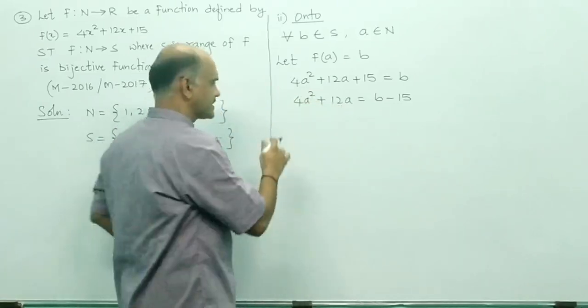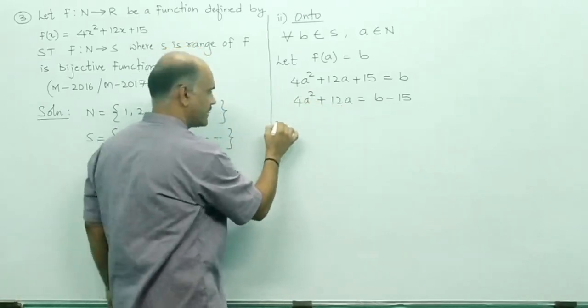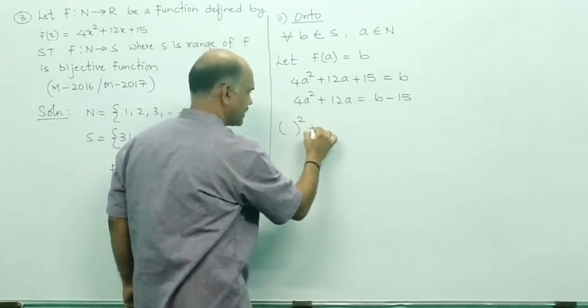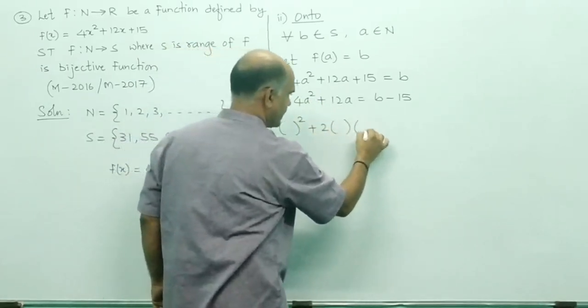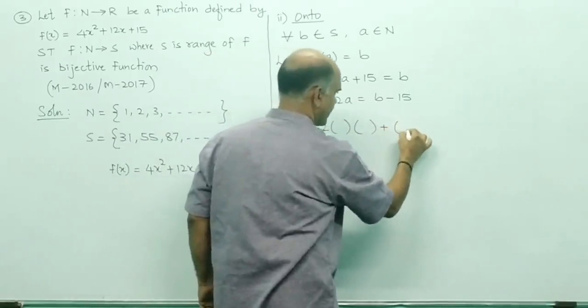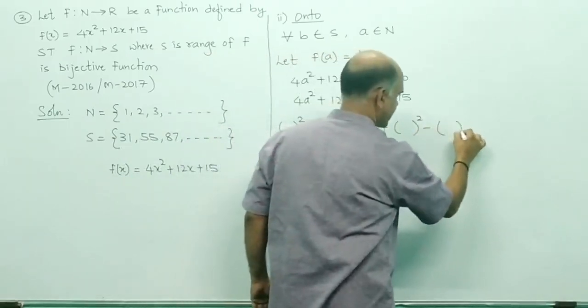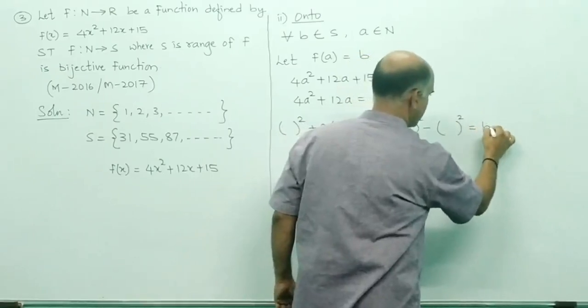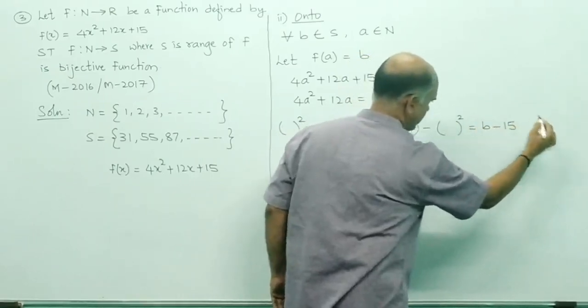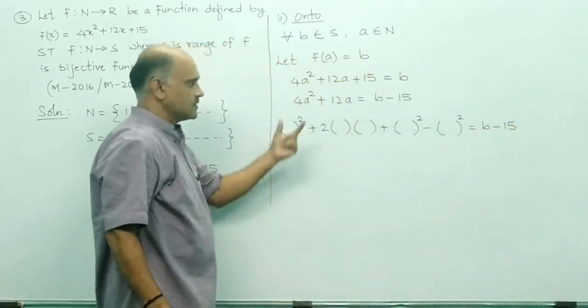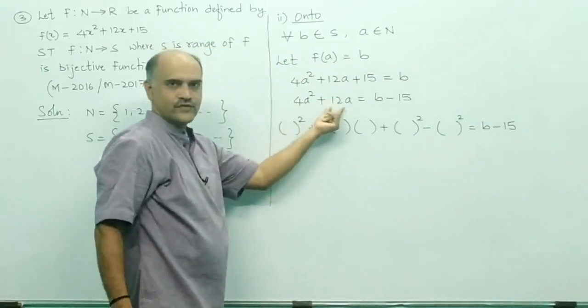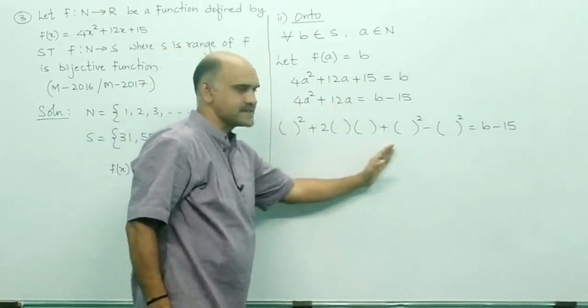So I will write this as, just see students, a square plus 2ab plus b square. So we have taken b square, so we must subtract it, is equal to b minus 15. So now this 4a square plus 12a I will write it in this form.